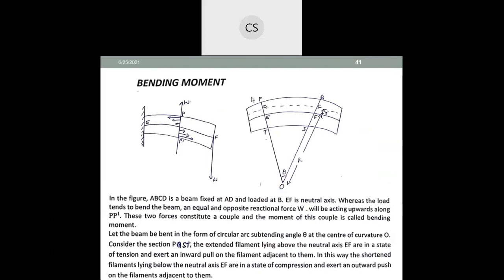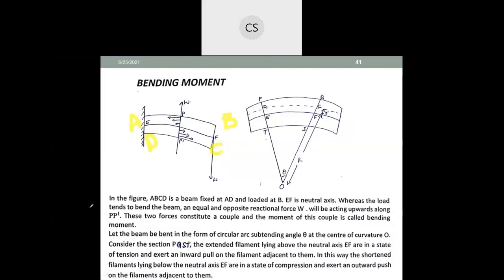Of course, I forgot to put ABCD. Let us say this end is A, this end is B, this end is C, this end is D. So it is a fixed beam.